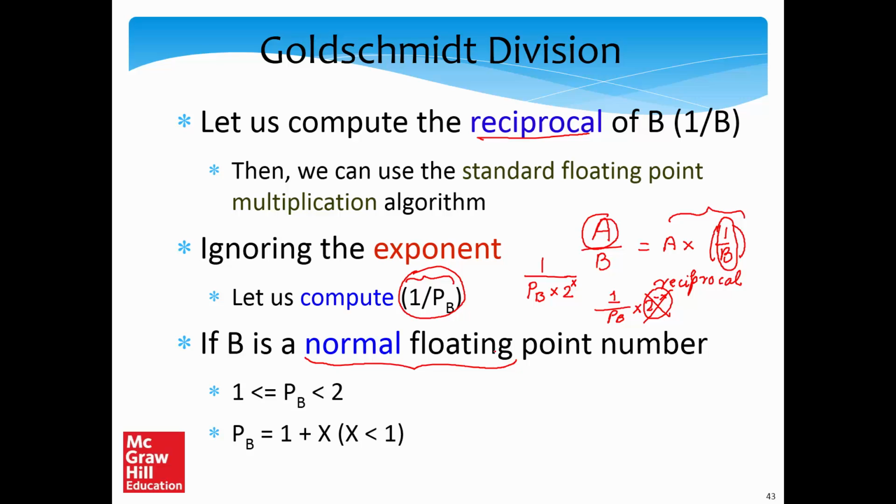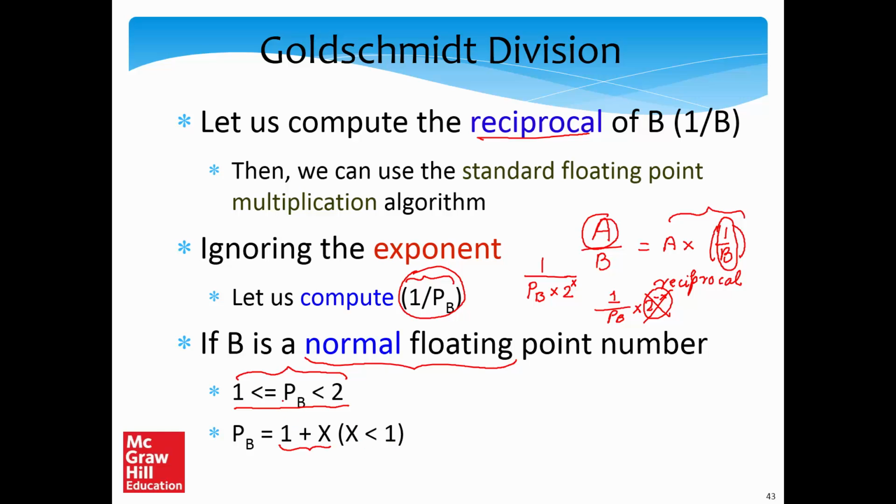So let me just consider the case of normal significands, where a normal floating point significand is between 1 and 2, in the sense that 1 is less than or equal to PB, which is less than 2. So if this is the case, I can represent the floating point significand PB as 1 plus x, where x is less than 1.